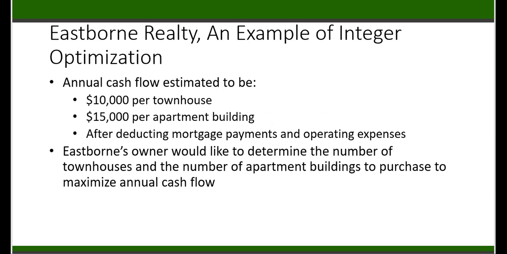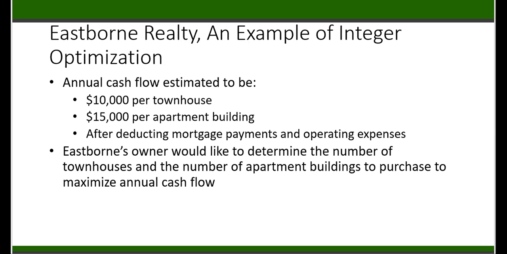So the annual cash flow that they expect to get is 10,000 per each townhouse, 15,000 per each apartment building, right? So obviously apartment buildings are more favorable because at the end of the day, they want to maximize the cash flow. All right.